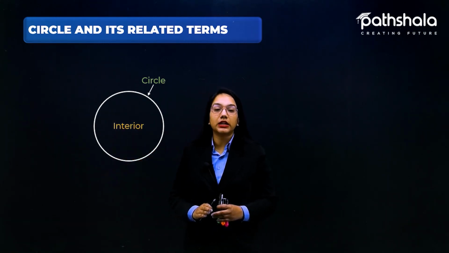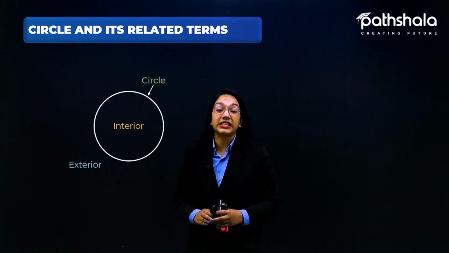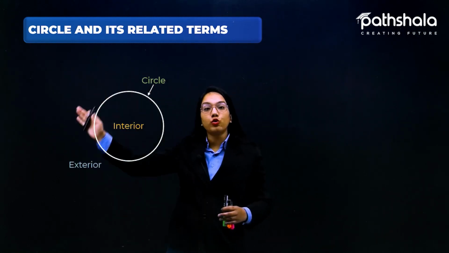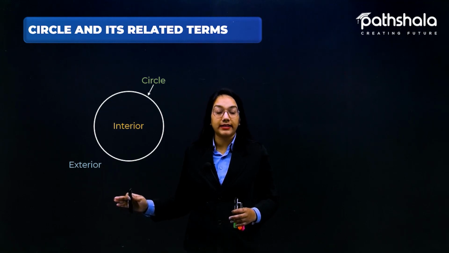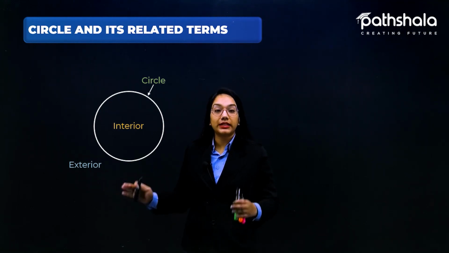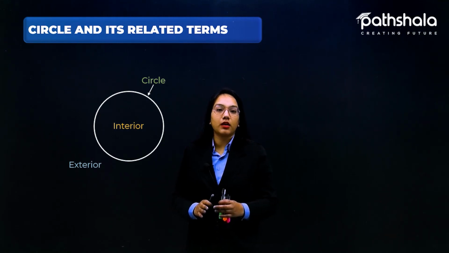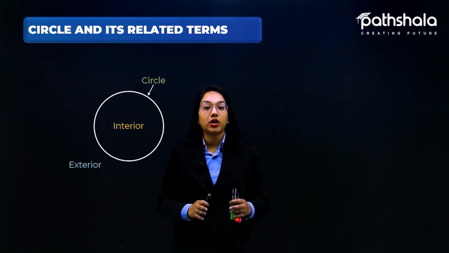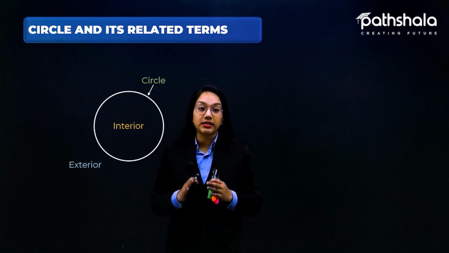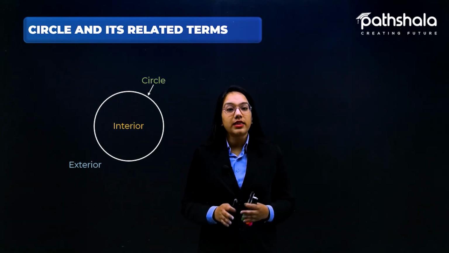And the third part is called the exterior, meaning the portion which is outside this circle. So these are the three parts which are formed whenever we draw any circle on a plane: interior, exterior and the circle, which is also called on the circle.